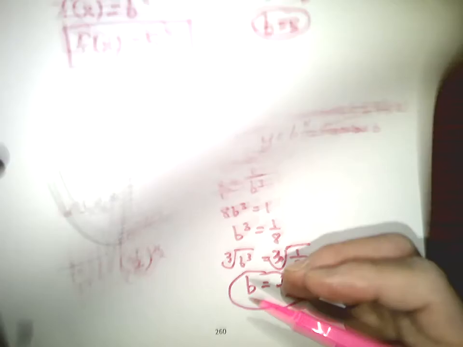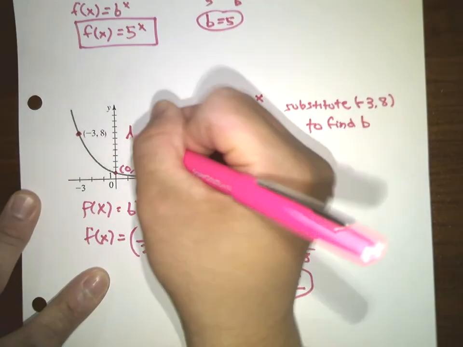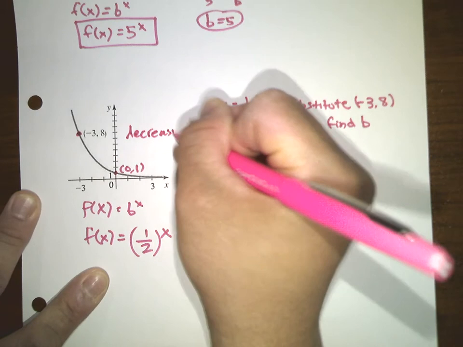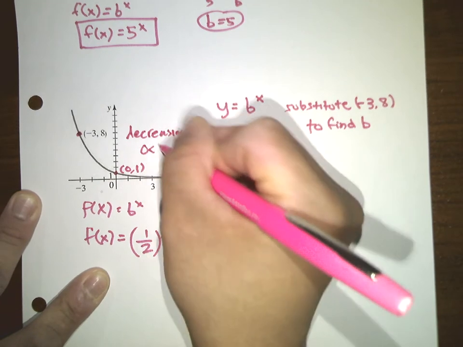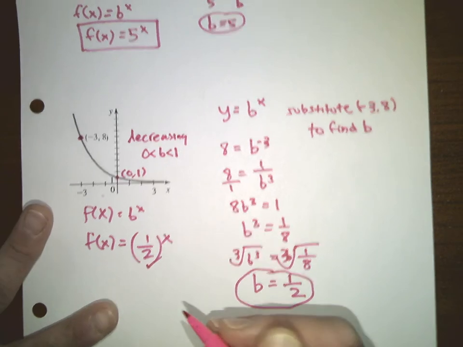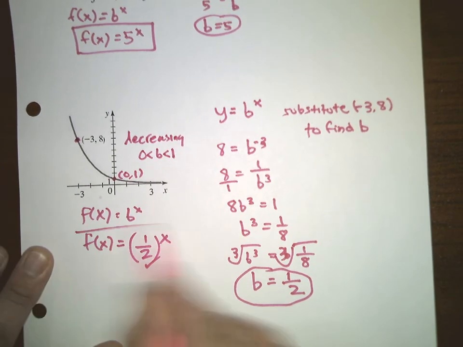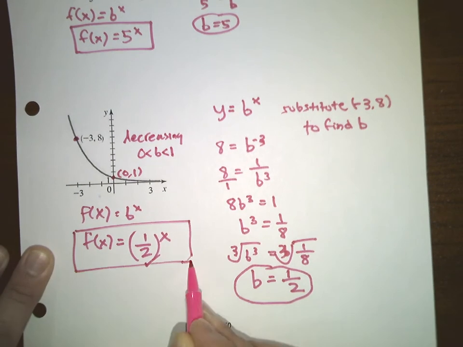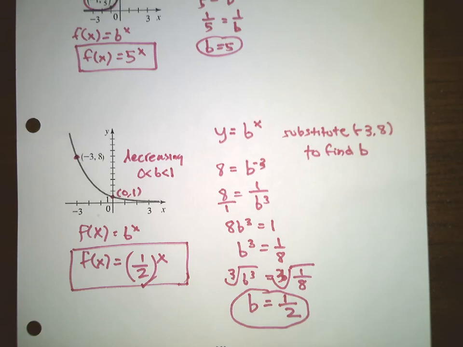And this graph was decreasing, so I knew that the b had to be between 0 and 1, and it was 1/2. That's how I would have some idea of whether or not I was going about doing one of these problems correctly.